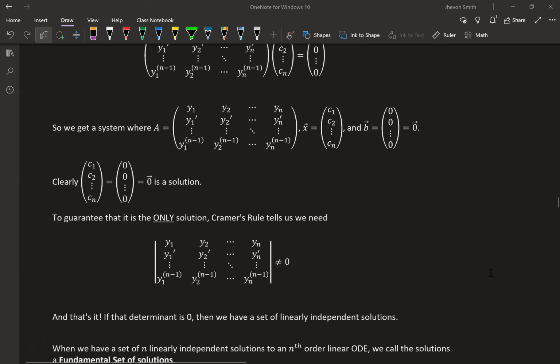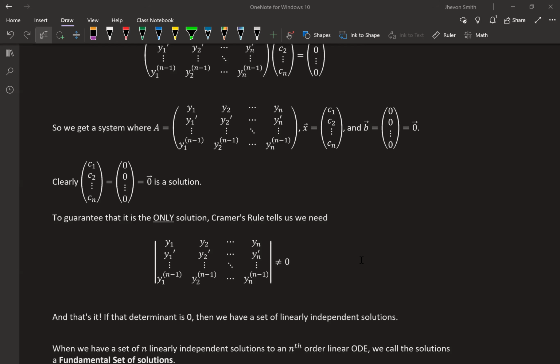So in other words, as long as I can make sure that this determinant is not zero, then it's the same as saying all these functions right here are linearly independent, in the sense that they're not going to be redundant when I'm using them to solve a differential equation.